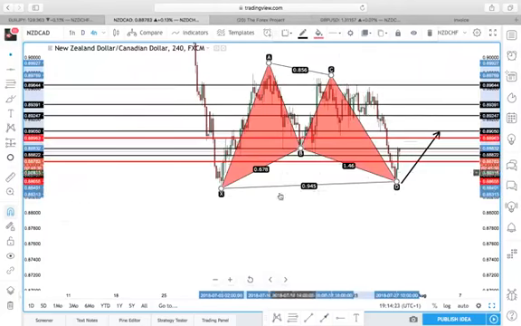But I have been testing some new ratios to see how they work out, and this one is close to one of the ones I've seen that work. It's not actually listed as a harmonic pattern, but for now we'll just get rid of it.